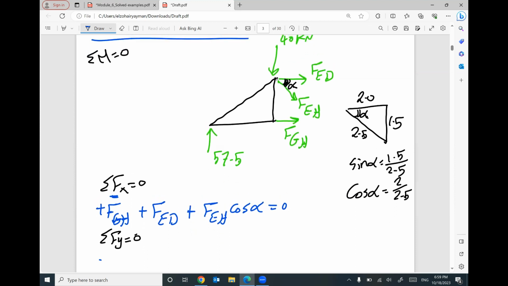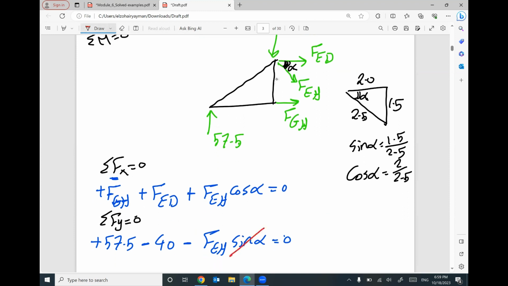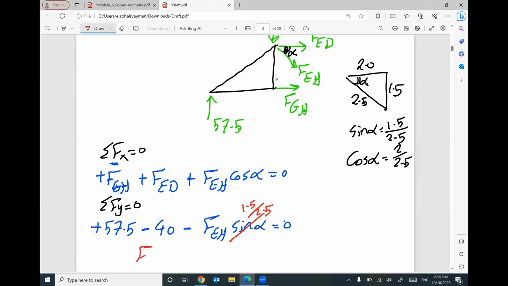We have positive 57.5, negative 40, and negative FEH sine alpha equals 0. From this equation I can find FEH because sine alpha equals 1.5 divided by 2.5. It will be 57.5 minus 40, positive, divided by 1.5 divided by 2.5. I got 29.17.